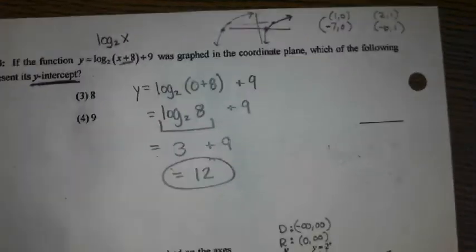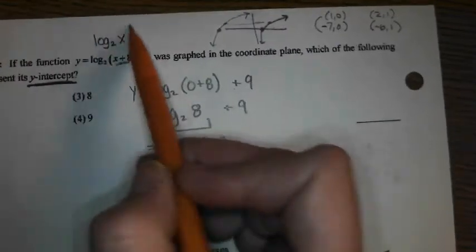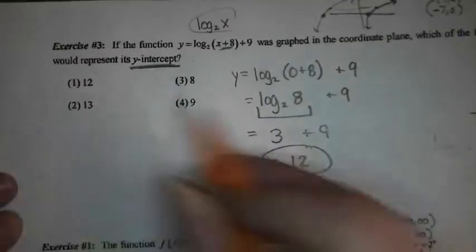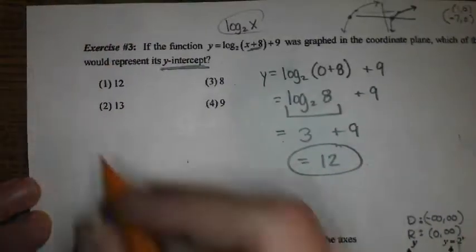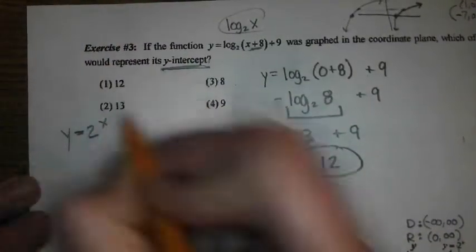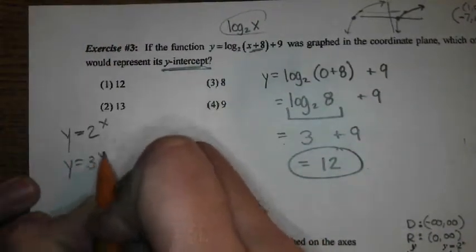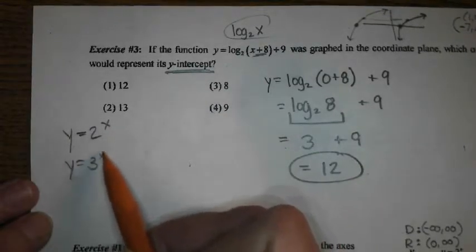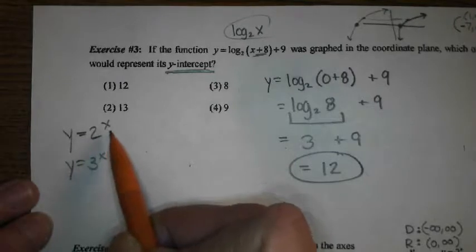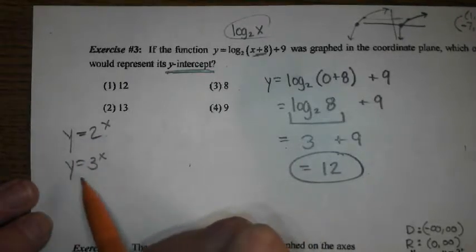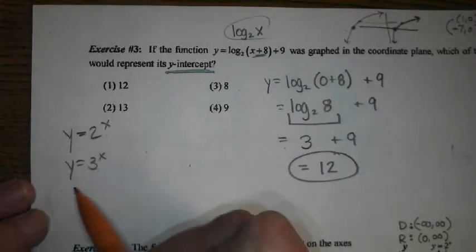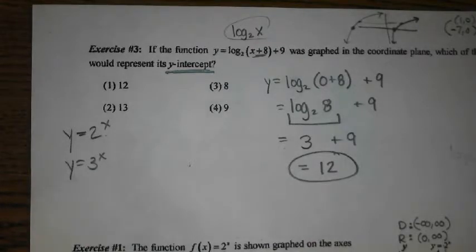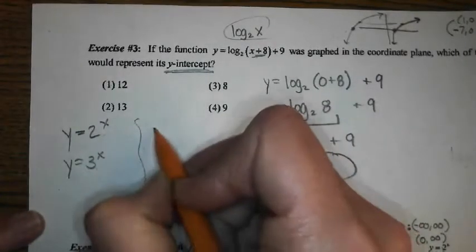Okay, so there's also the whole transformation piece. Now, you can have a parent graph. Remember how your parent graph of exponentials, y equals 2 to the x could be a parent graph, y equals 3 to the x could be a parent graph, right? With critical points, both 0, 1, but this one had 1, 2, and this one had 1, 3. And you could change the base, and they all have their own parent graph. Same is true for logs.